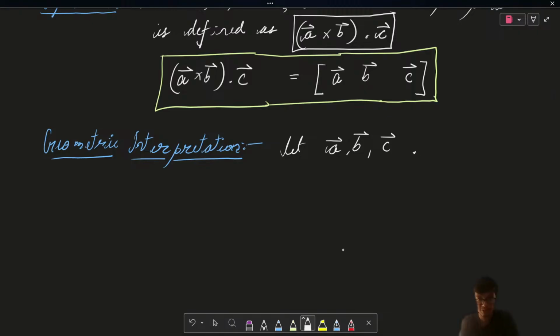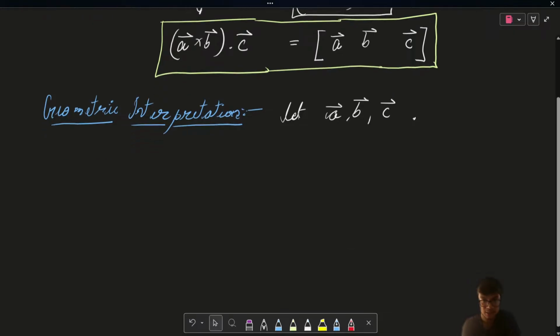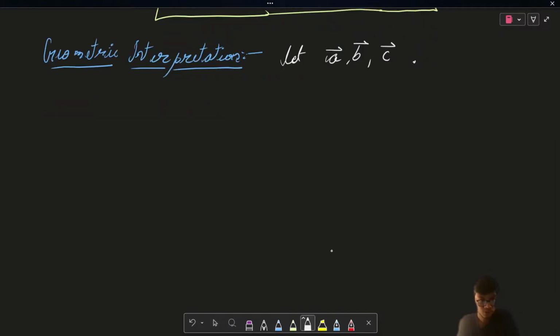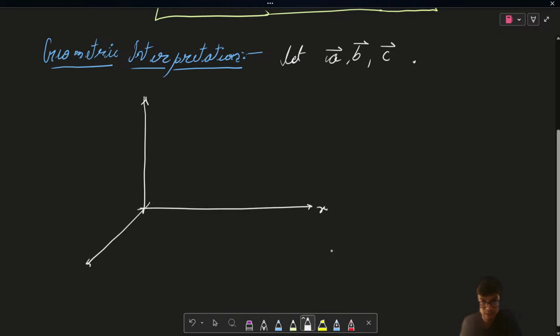Similarly, if I have these three vectors, let us consider a parallelepiped whose coterminous edges are these vectors. Let us try to draw the parallelepiped. Let me first draw the 3D axes. Let us say this is x, this is y, and this is z.